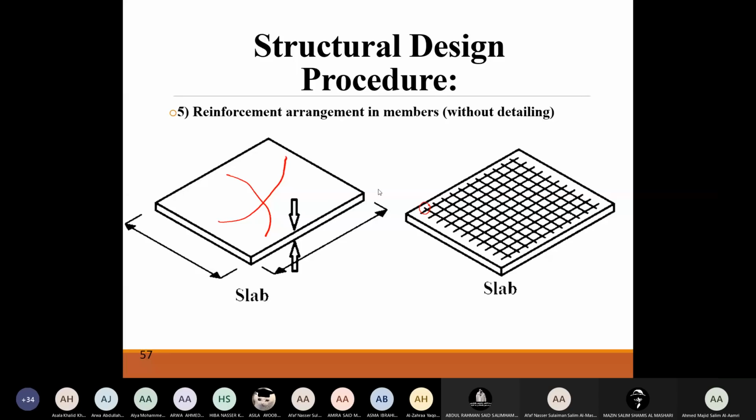Now that's for a slab. For a beam, we have already discussed, it's only one moment. So that's why you see only one direction reinforcement. For slabs, there will always be two directions, even if it's one way, because there is one major and one minor.